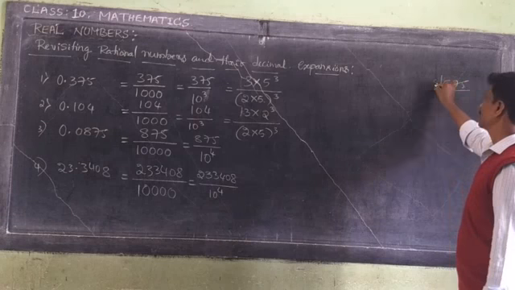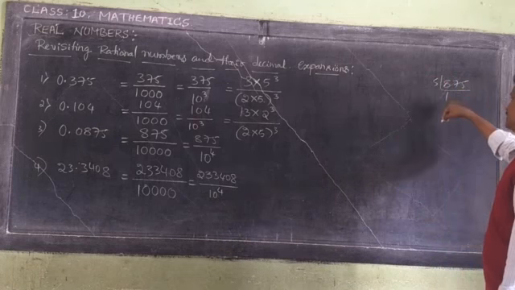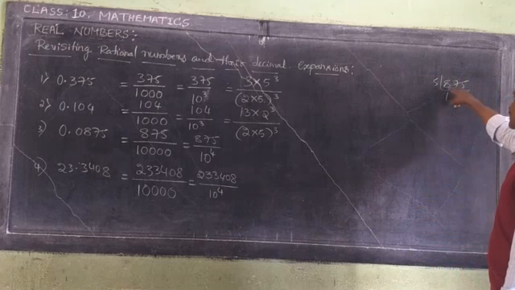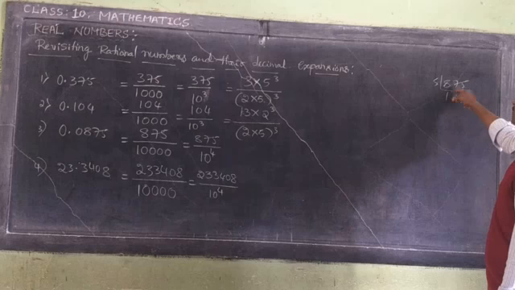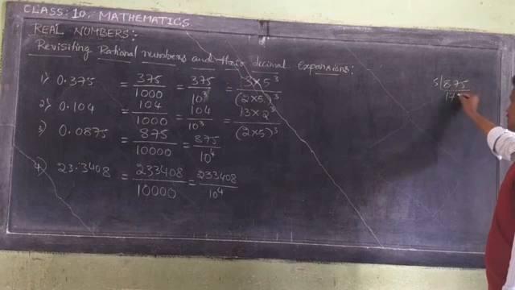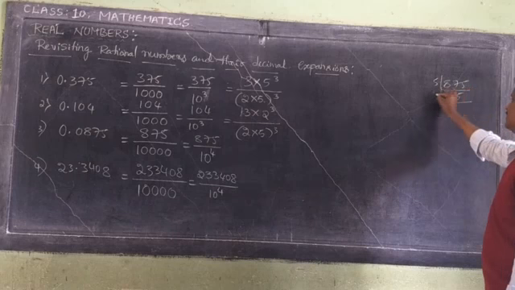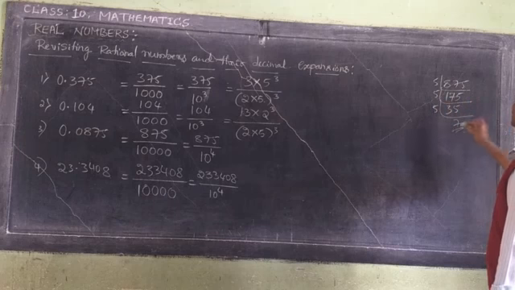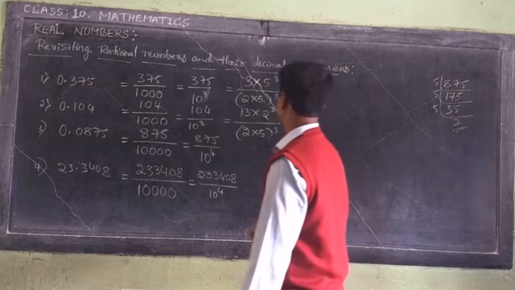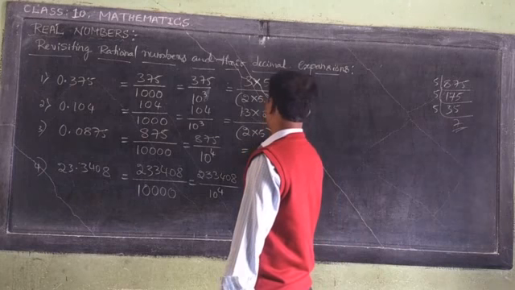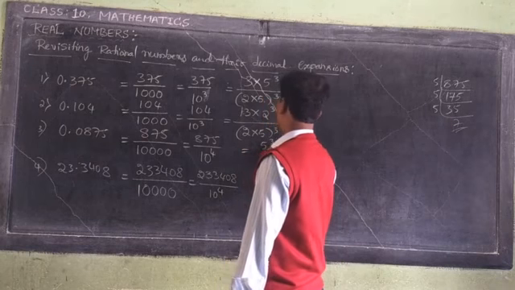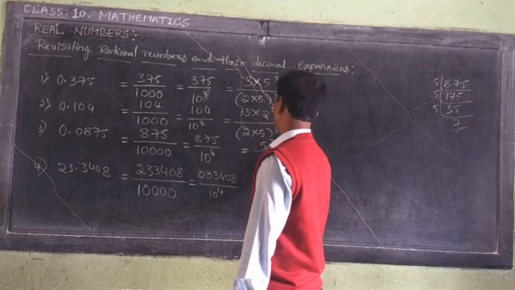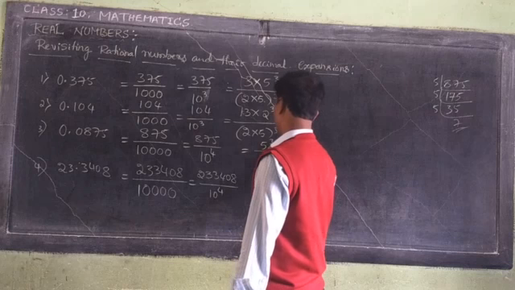Write 5 here. 5 ones are 5, 5 sevens are 35, again 5, 5 fives are 25, 5 sevens are 35. So 875 is 5 cube into 7, divided by 2 into 5 whole to the power of 4.